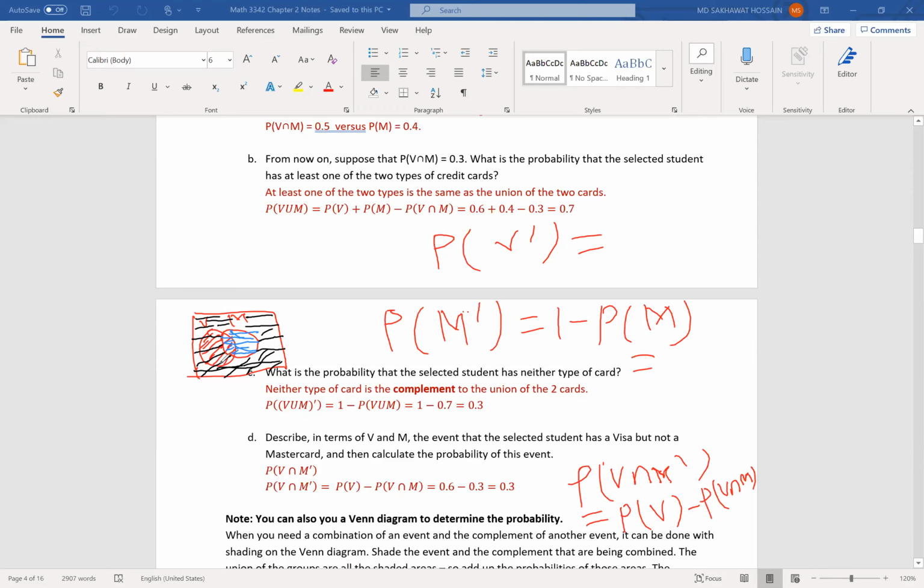So what is the intersection of these two parts? The intersection is this one, right? Okay, let me draw it again.